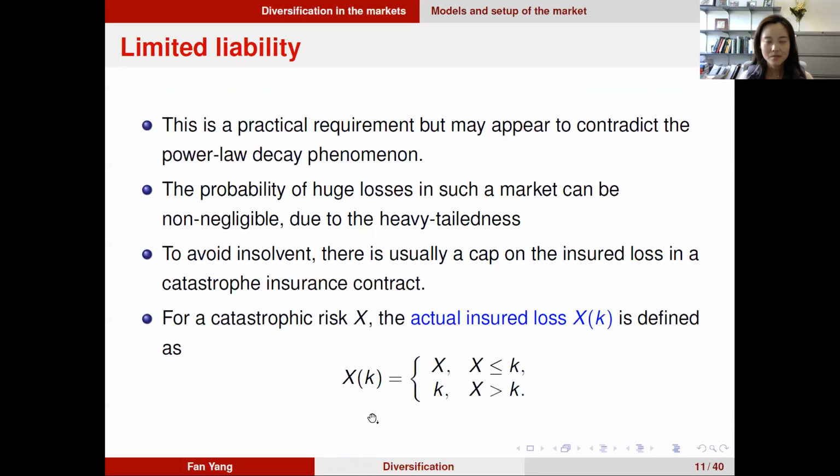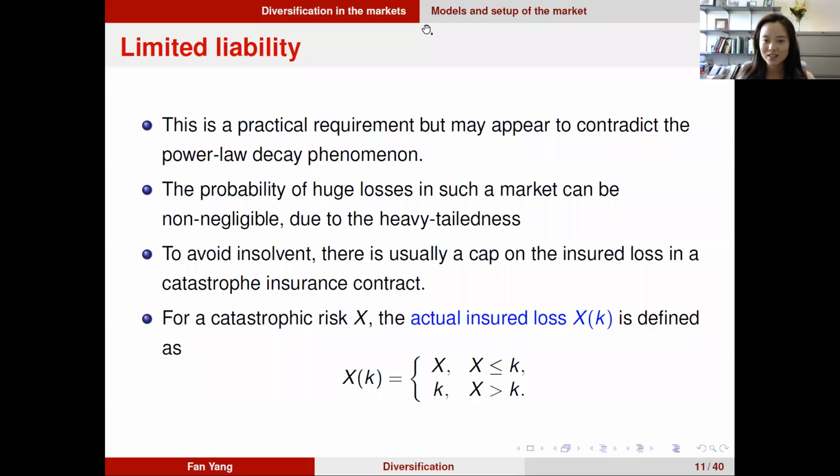Okay. And the next important part in our modeling is limited liability. This is a practical requirement, but it may seem to contradict the power law decay phenomenon. Since we talk about power law decay, but then pose a limit, it seems like we're truncating, so the tail is no longer that heavy.